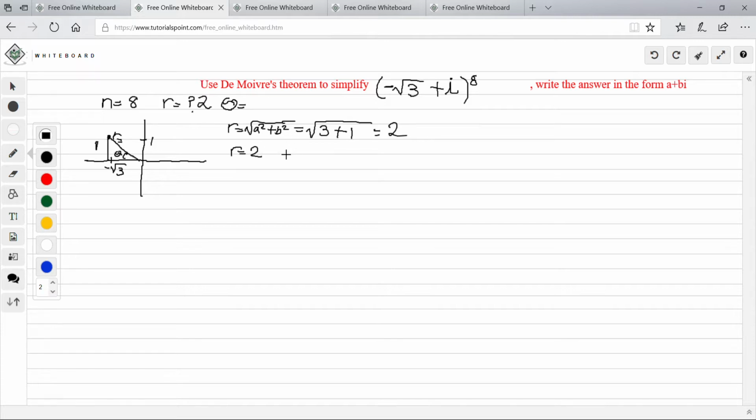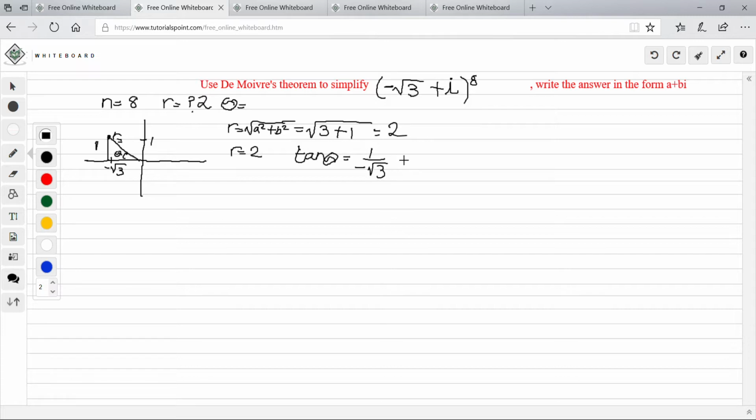Since we know our cosine and sine, we can find tangent theta first, because tangent is sine over cosine, y over x. Our y is 1 and our x is -√3. So tangent theta equals 1 over -√3.